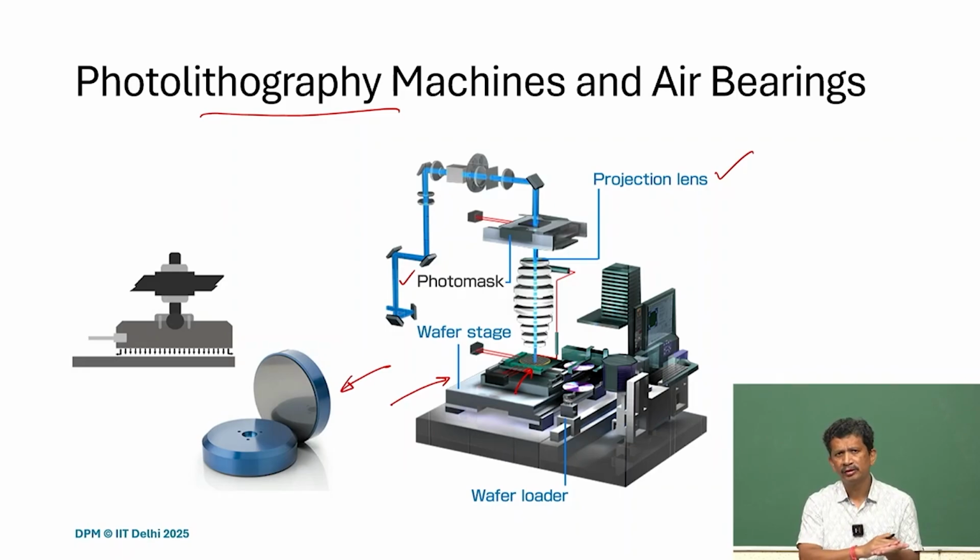The friction is almost negligible, and so in all these high end equipments and machines, we realize that the air bearings are the key components, and these are used to design different kinds of guides and different kinds of motion stages, so that we can move quickly and precisely.